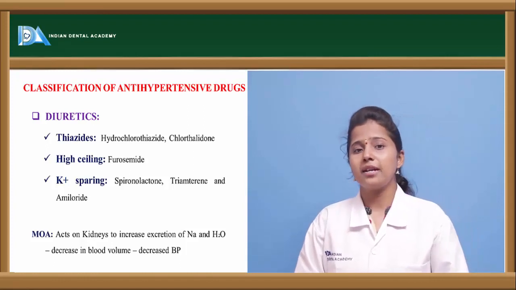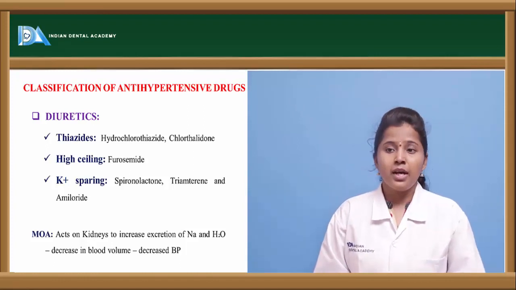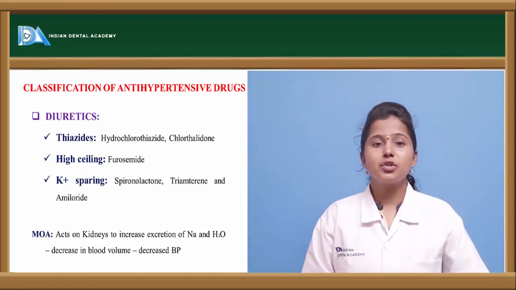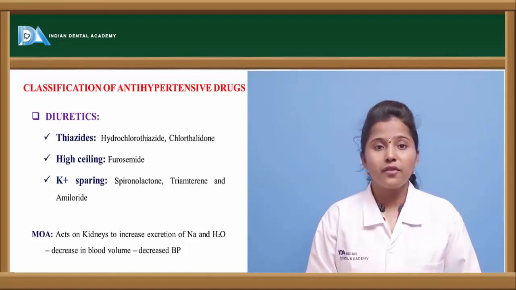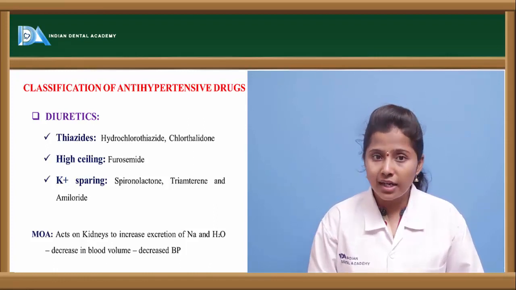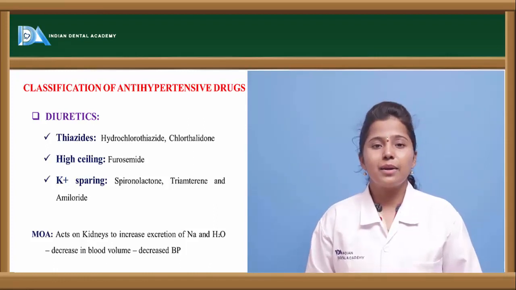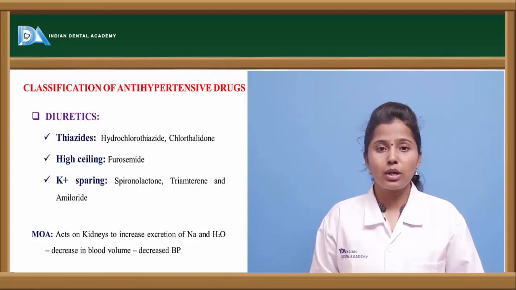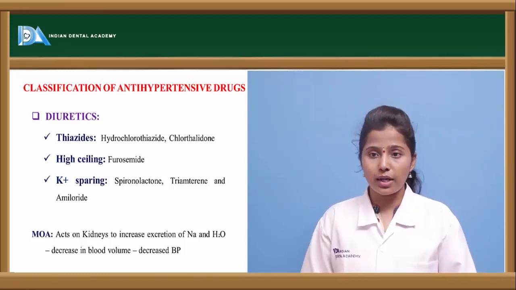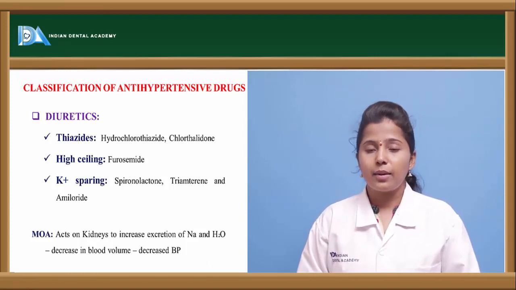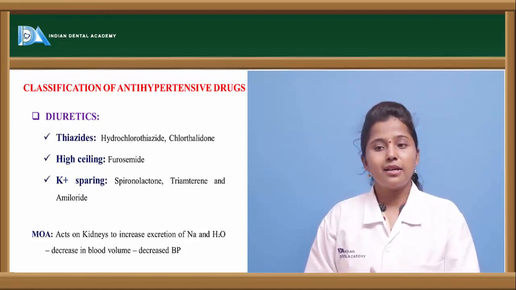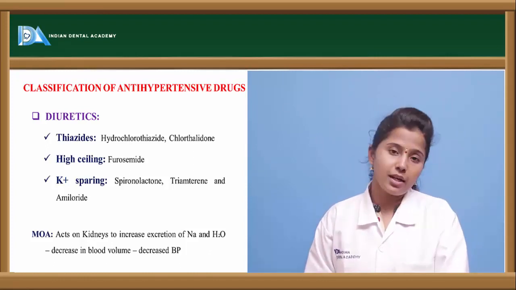And let us see the mechanism of how these drugs act. These diuretics act on the kidney by excretion of sodium and water. If sodium and water are retained in the body, there will be an increase in blood pressure. If excess sodium and water are removed out of the body, then definitely there will be a proper balance, a decrease in blood volume and a decrease in blood pressure.